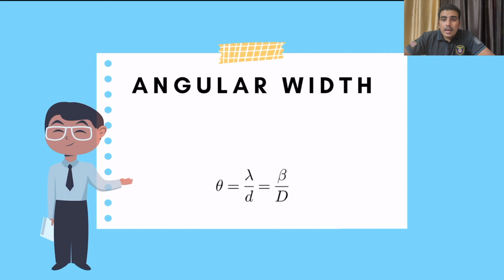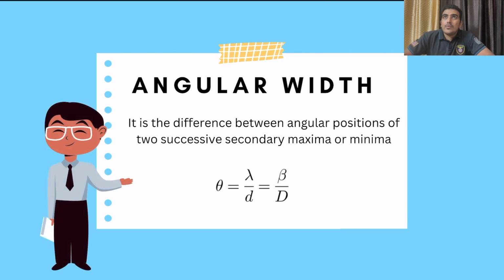Now, regarding the angular width, we know what angular position is, which is the angle formed towards a secondary maxima or secondary minima, which we have already seen in the conditions of bright band and dark band. That theta in d sin theta is the angular position. So the difference between the angular positions of successive maxima or successive minima, you can call the angular width.